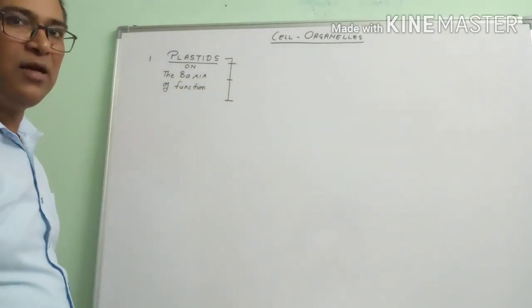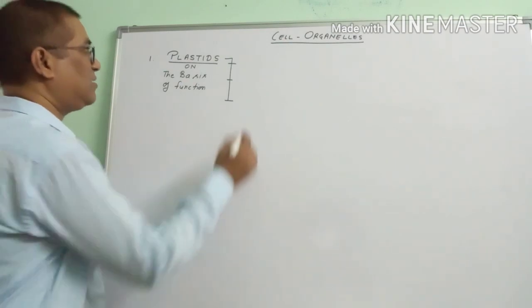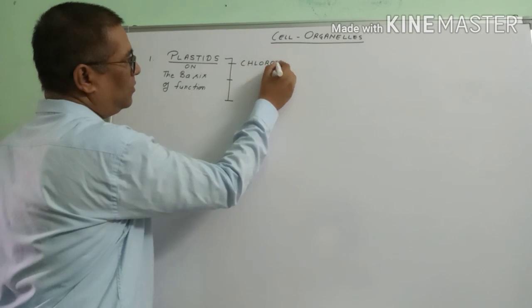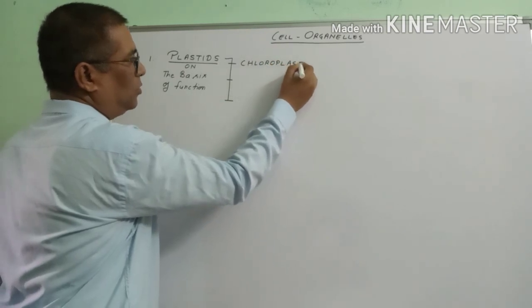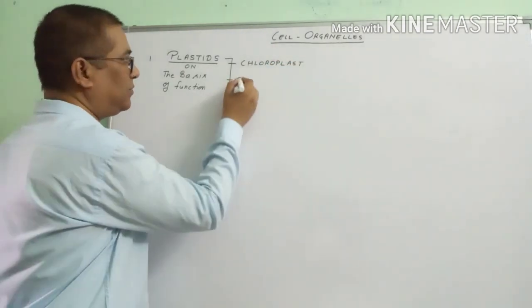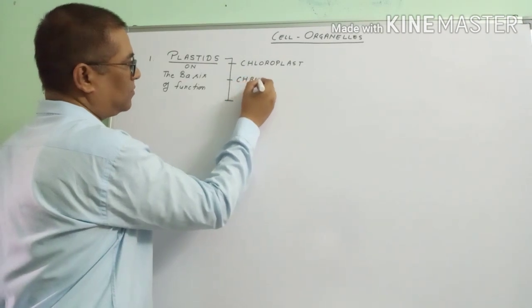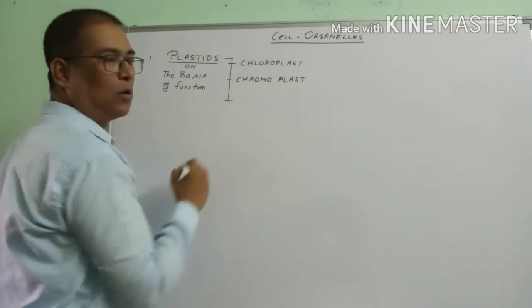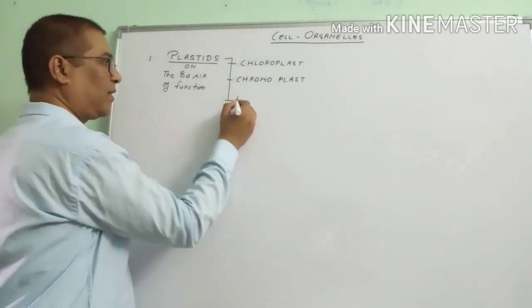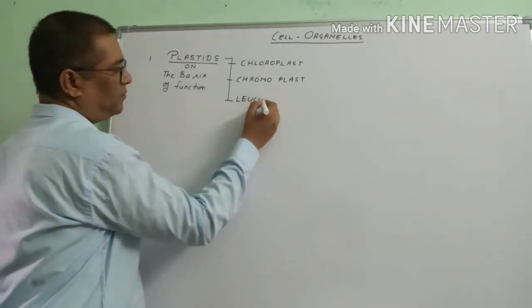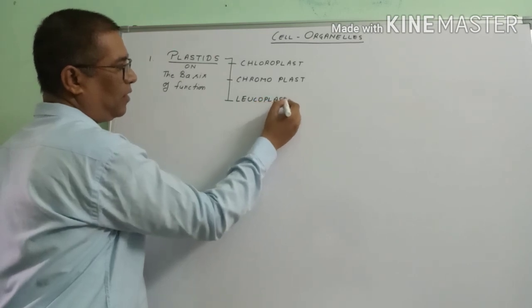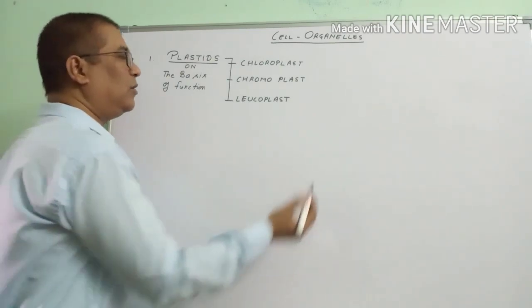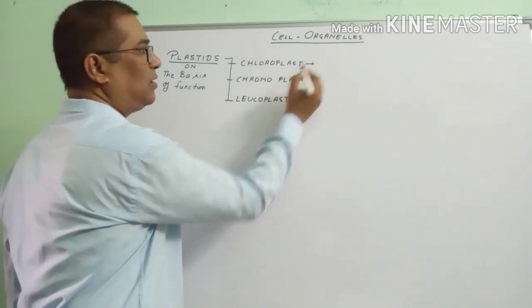On the basis of function, plastids are categorized as chloroplast, chromoplast, and leucoplast.